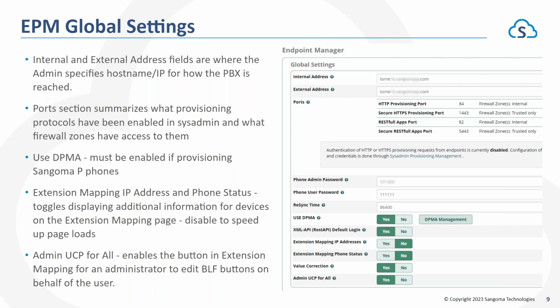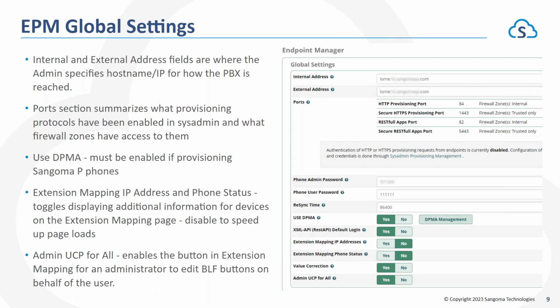You will note that there are some settings here for extension IP mapping or extension mapping phone status. If you want to see the current status and IPs of phones in the extension mapping page in Endpoint Manager, you can enable that. If you find that that page generates very slowly, disabling one or the other or both of these settings can speed up that process.